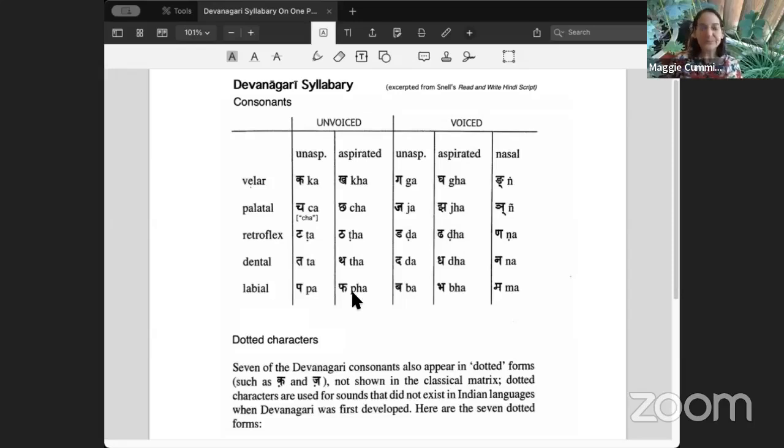Pa, pa, pa, and aspirated ba, like a cat hissing. Ha, ha, ha. Pa, pa, ba, ba, think of a cat. Ha, ha, ba. That's good.